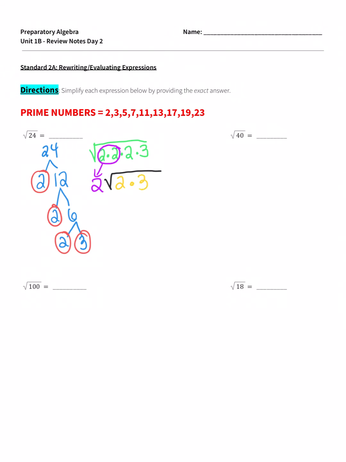My last step is to see if I have any numbers to multiply. I have a plain 2 out here, so I leave that the way it is. I look here, and I have a 2 times 3. I have 2 numbers in here to multiply. 2 times 3 is 6. So my answer is 2 square root 6.